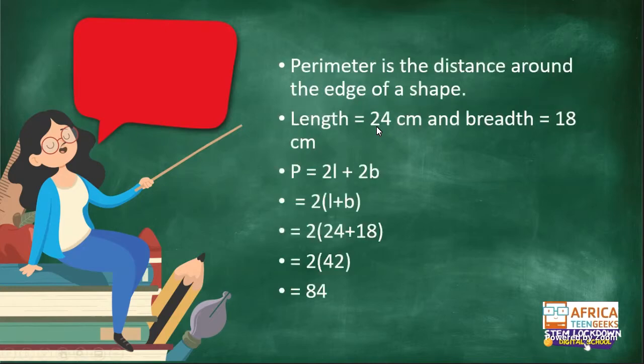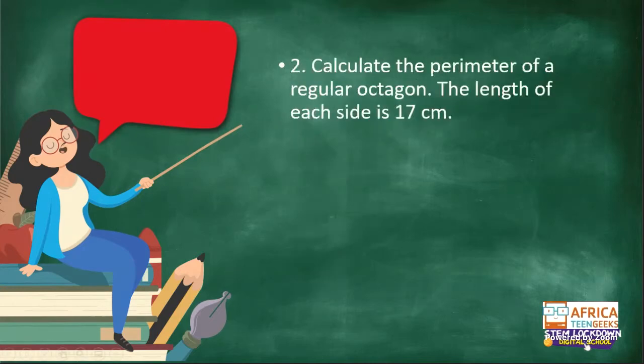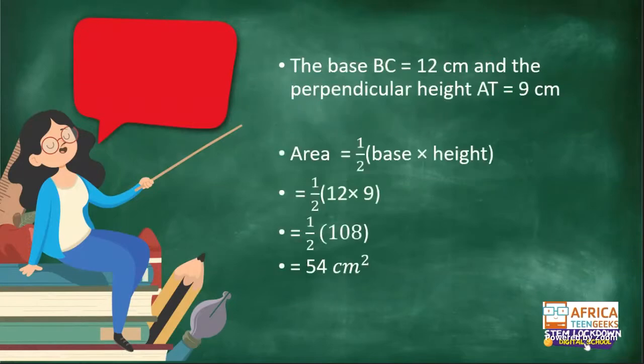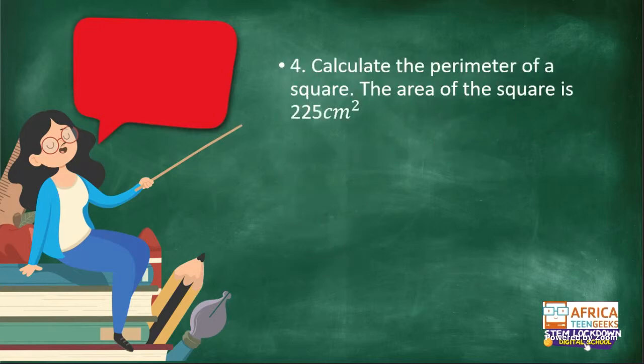We are proceeding now. I thought we must not forget about the area. Now that we have calculated the area of the triangle, we can check the perimeter of a square. Remember that in a square, all four sides are equal. But in this case, we are given the area of the square, which is 225 square centimeters.